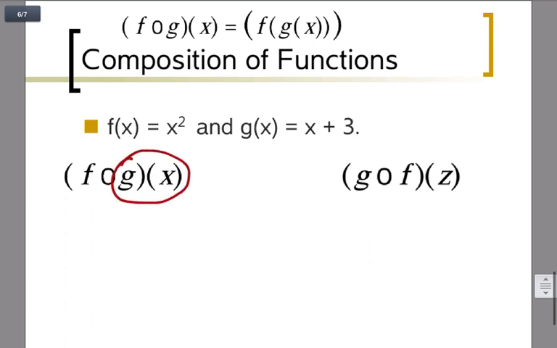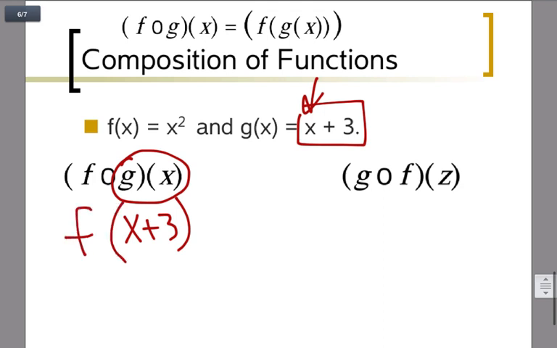What it's asking me to do is take x and plug it into the g function. Well, if you look over here, I've already got an x in the g function, so I don't have to do anything. My answer is x plus 3. What that means is you're supposed to take x plus 3 as your answer and plug it into the f equation wherever you see your variable.